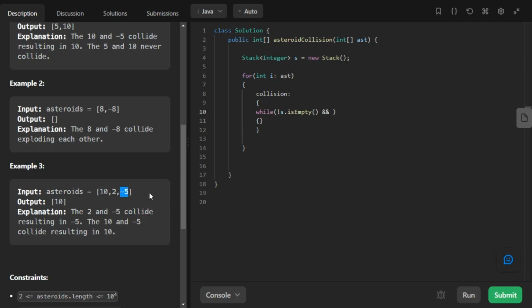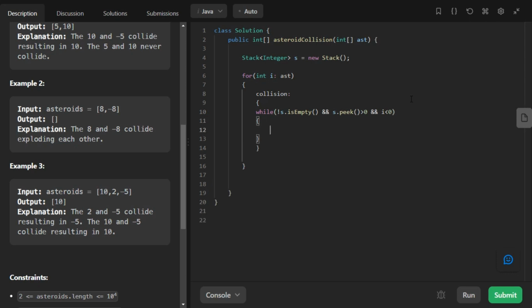So if the upcoming element is of greater magnitude and it is a negative value, then this is something we have to work upon. This is the condition we're going to be adding over here: s.peek() greater than 0, and also the upcoming element, that means my i, is less than 0.